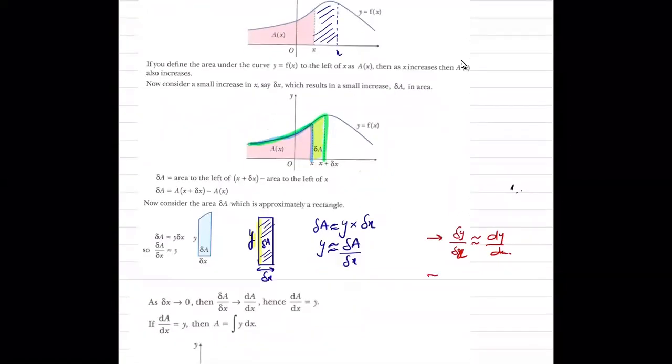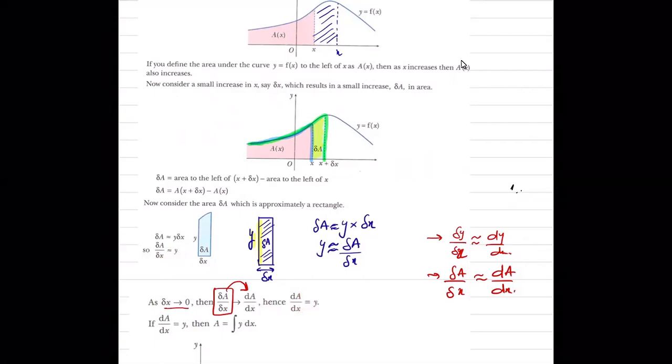Now, if you have delta A upon delta x, it is going to be approximately equal to dA upon dx. So when delta x approaches 0, meaning it becomes very small, then your delta A over delta x becomes dA by dx. And you know that delta A upon delta x was approximately equal to y, so dA upon dx is also going to be equal to y.